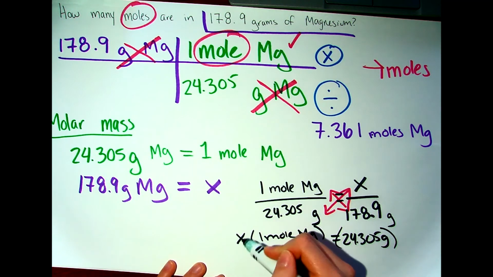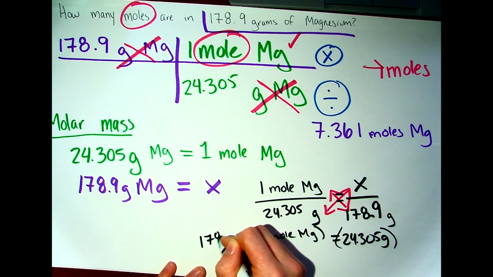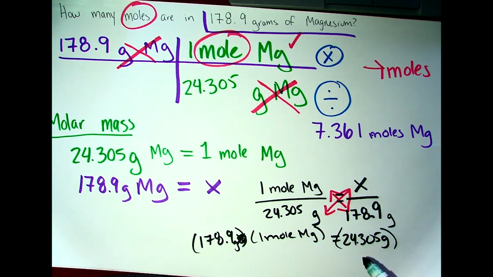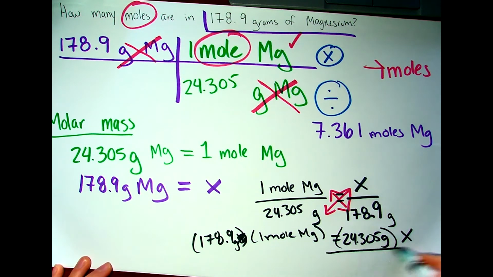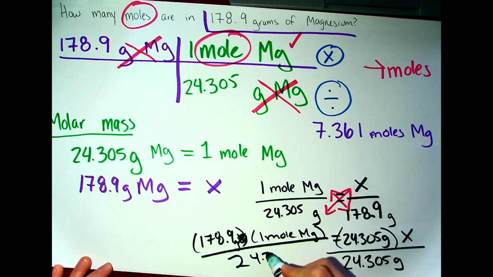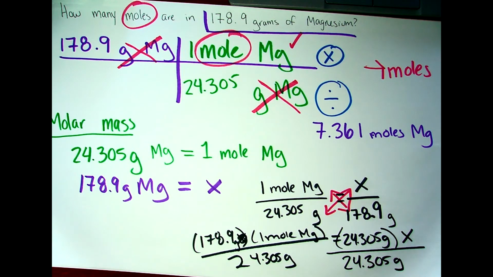Sorry. 1 mole magnesium times 178.9 grams is over here, and 24.305 grams times X. Then we'll want to divide by 24.305 grams on both sides, and therefore these will cancel.